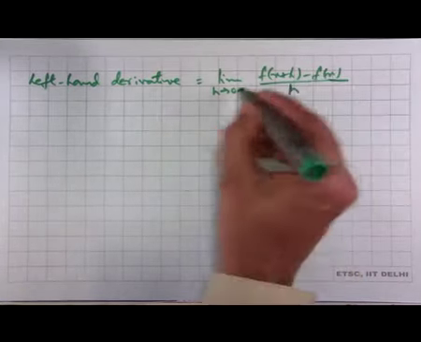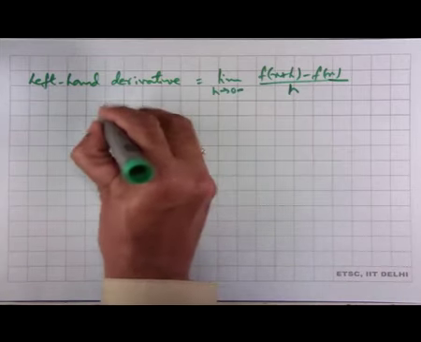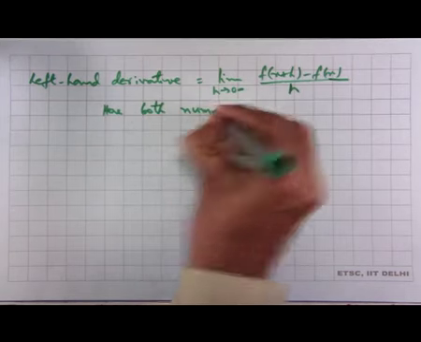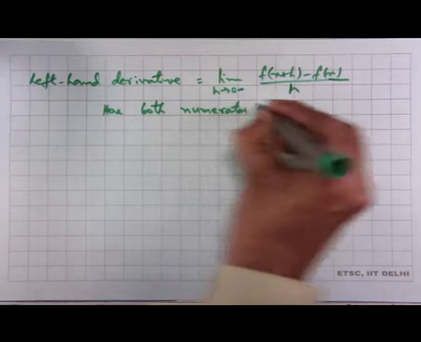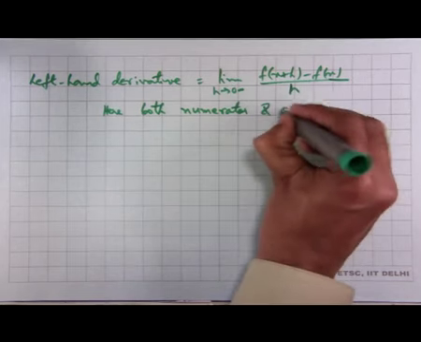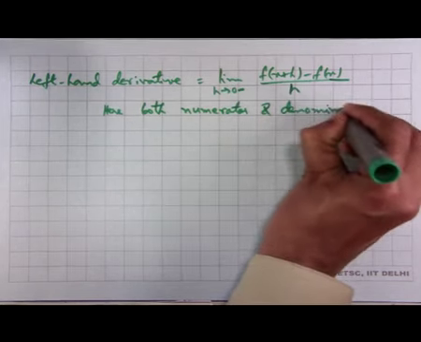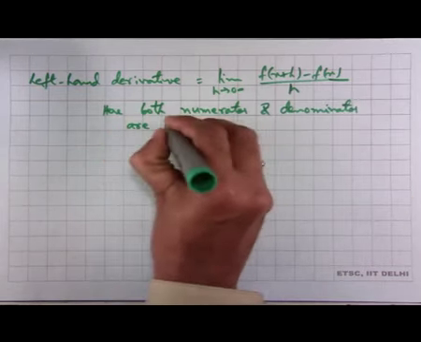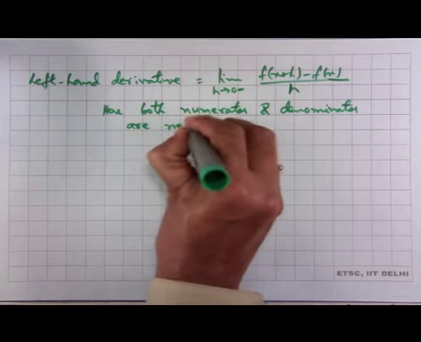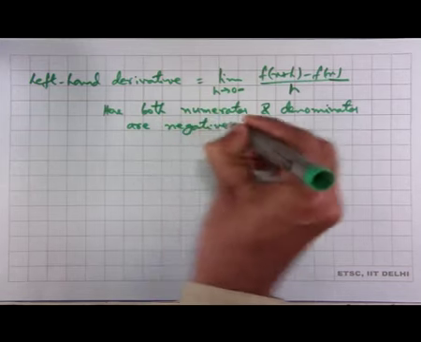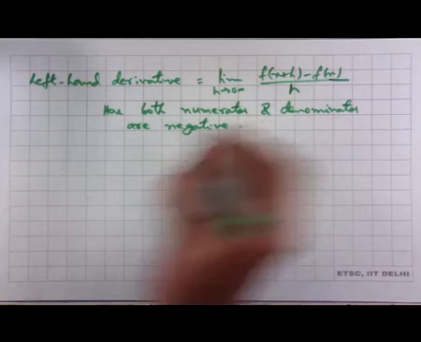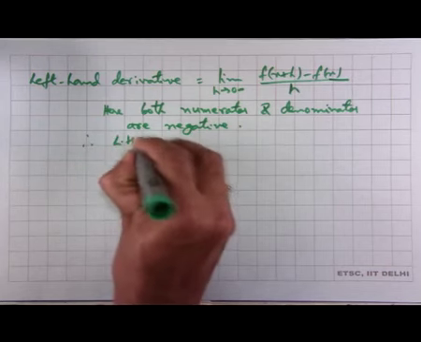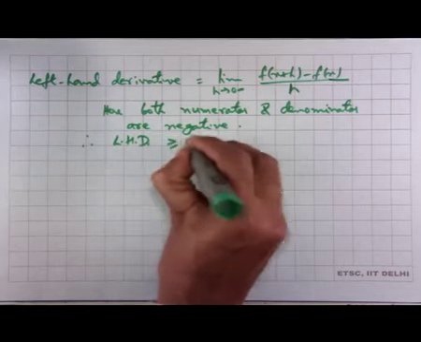Now, here because h is negative, both numerator and denominator are negative. Therefore, again the left hand derivative is greater than or equal to 0.